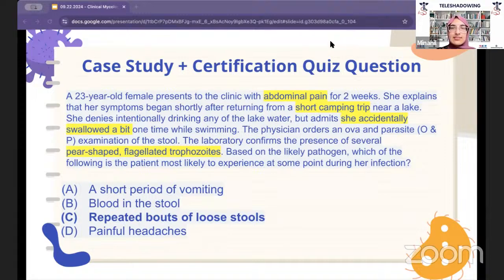Diarrhea already smells bad, but this is more foul-smelling diarrhea, along with abdominal pain and also bloating. And repeated loose stools are a hallmark symptom of this condition, which aligns with the patient's history of accidentally swallowing lake water. So again, it's a good application of the clinical parasite we just learned about.